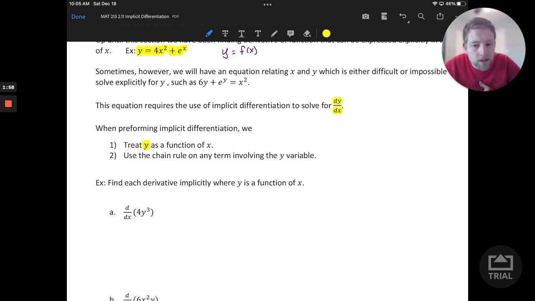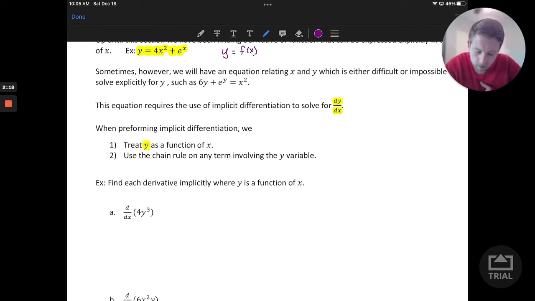We'll walk through individual terms first and then look at full equations and how we would take them implicitly. Generally speaking, think of y as a function of x. Therefore, when we take the derivative with respect to x, we need to treat that term as a chain rule term because it's really representing some function, say f of x.